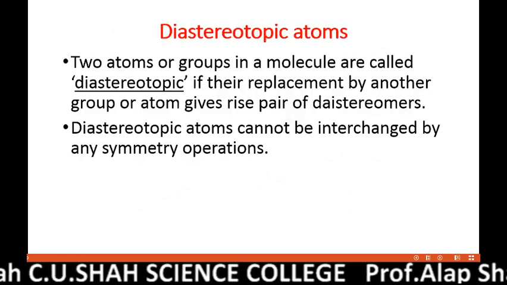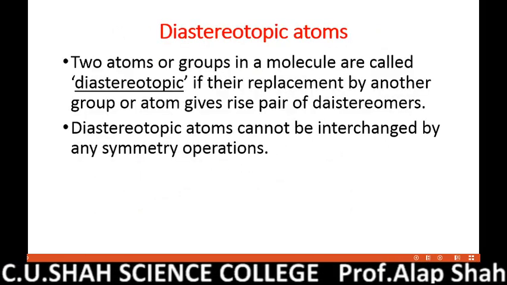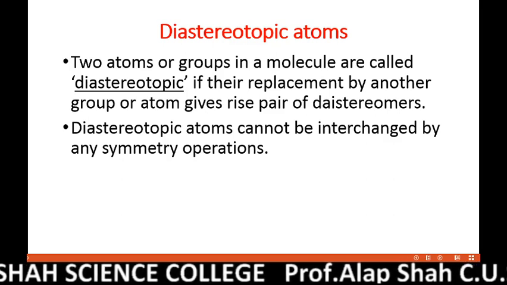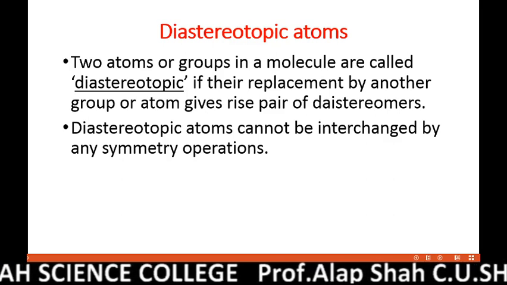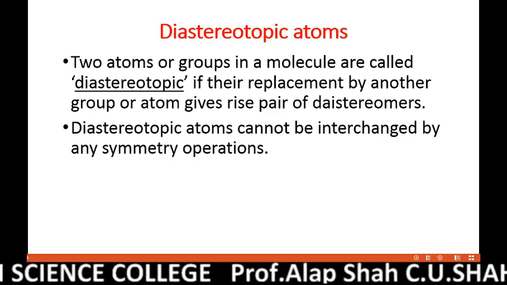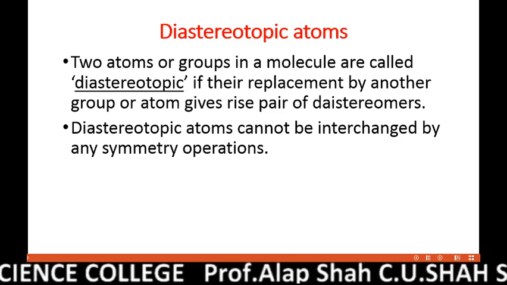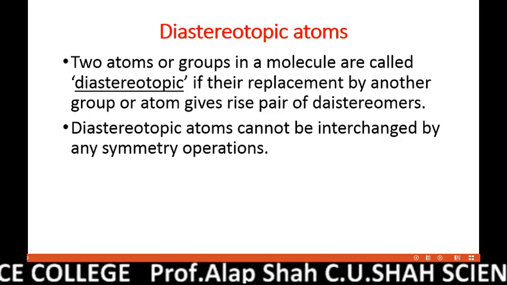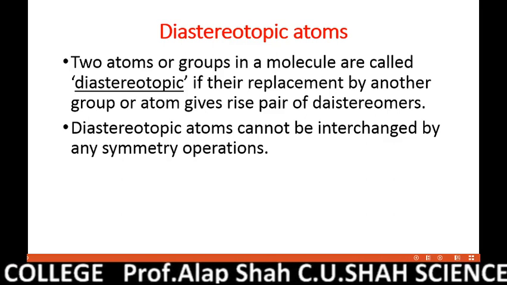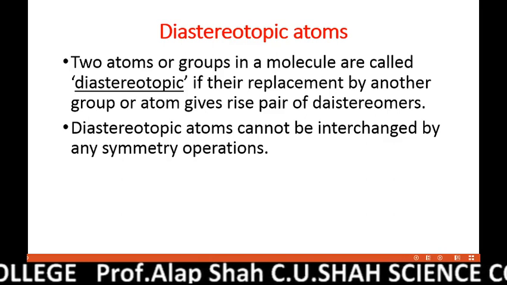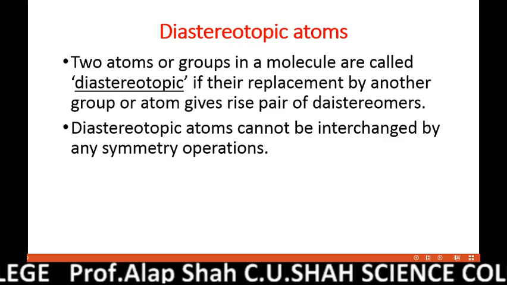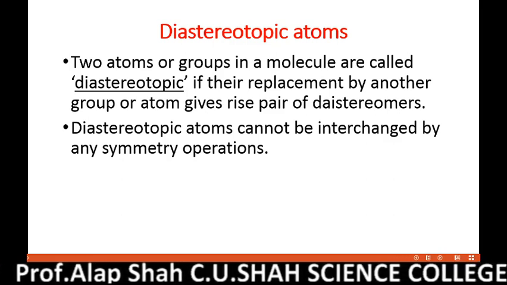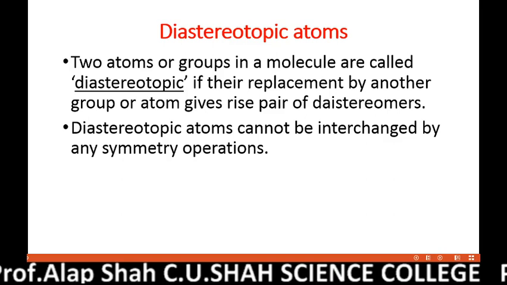And from the symmetry point of view, we can say that such atoms or groups cannot be interchanged by any symmetry operation, whether it is Cn, i or Sn. So homotopic, enantiotopic and diastereotopic: if somebody asks you how one can distinguish whether the atoms are homotopic, enantiotopic or diastereotopic, the answer is that if the atoms or groups are interchanged by a Cn operation, they are homotopic.